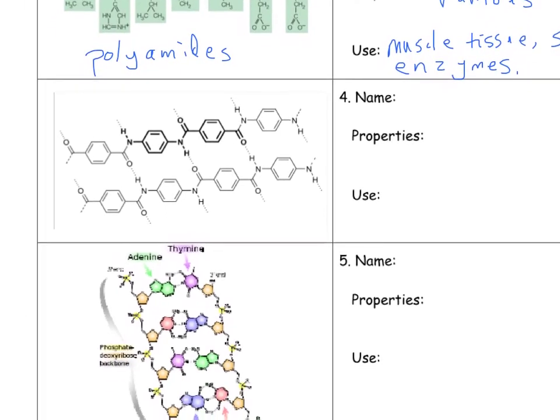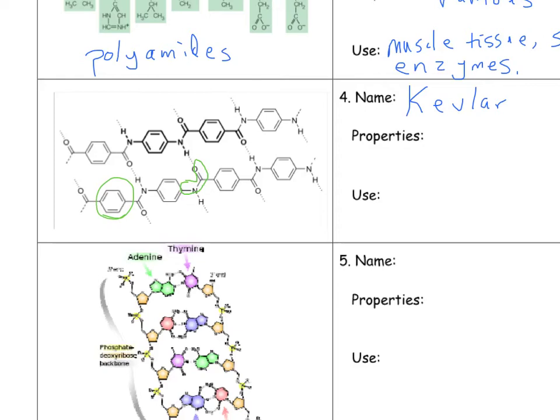The next polymer is known as Kevlar. And if we look at its structure, you see C and C double bonded O all the way down the chain. And you also see open benzene rings.